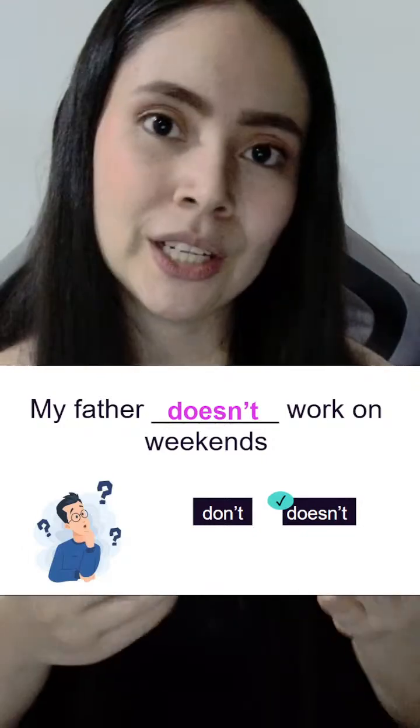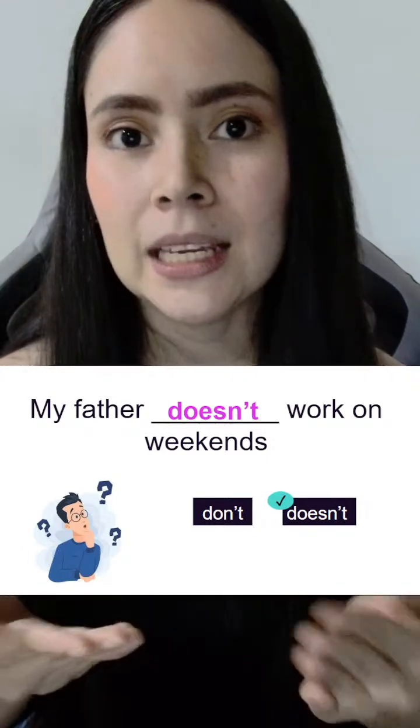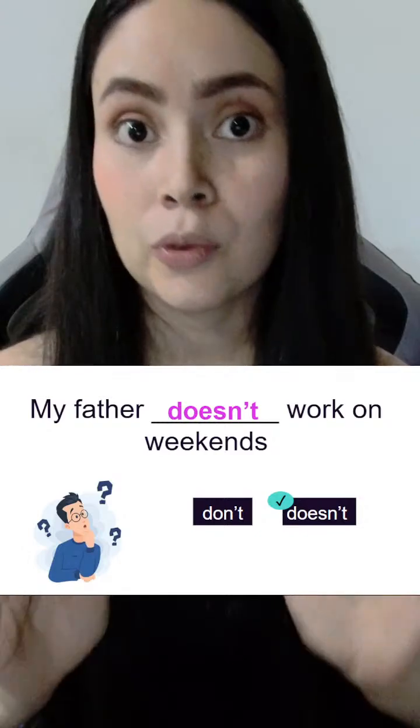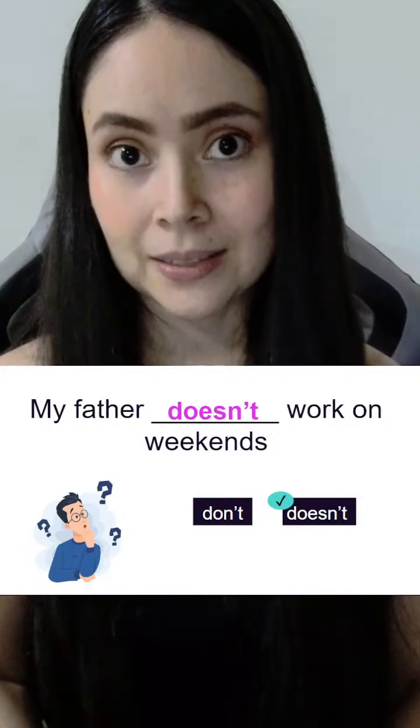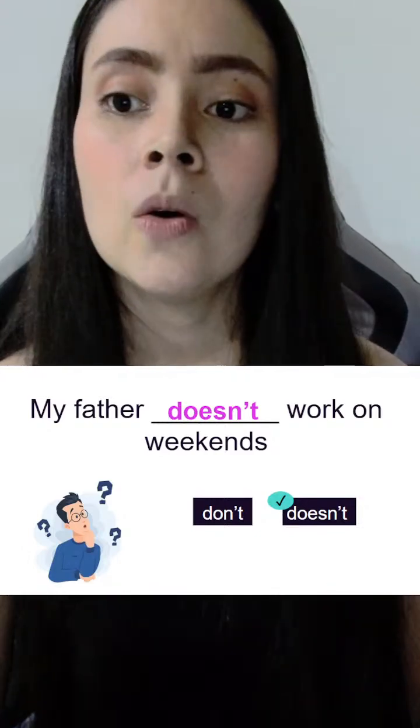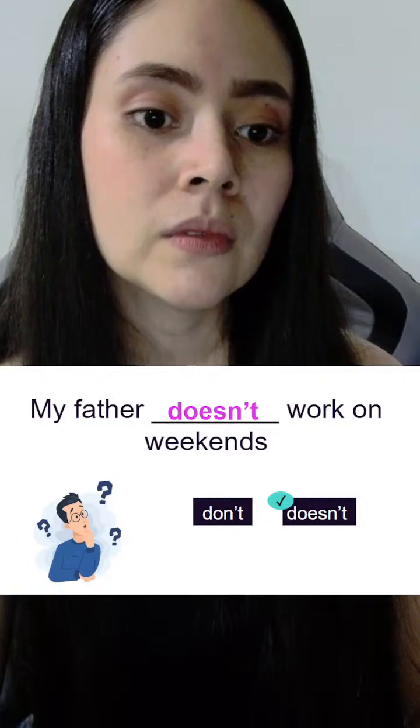Work, not works. Study, it is in the simple form without the letter S, all right? So here, I am going to show you now some examples in questions. Yes, creating questions in simple present.